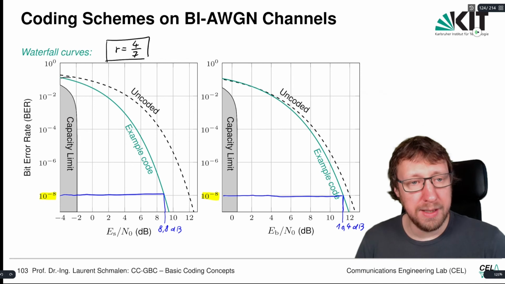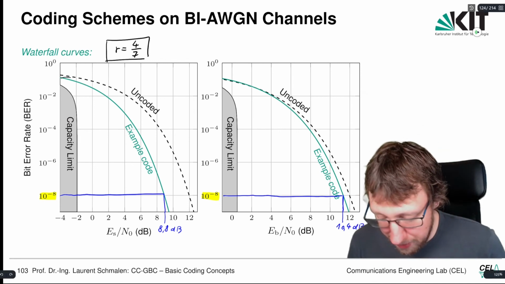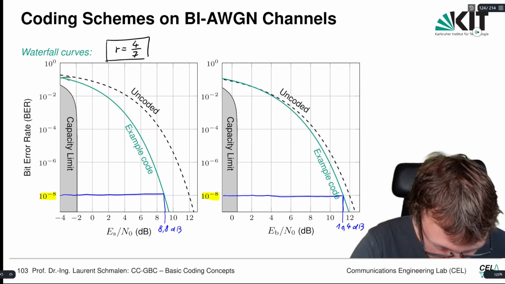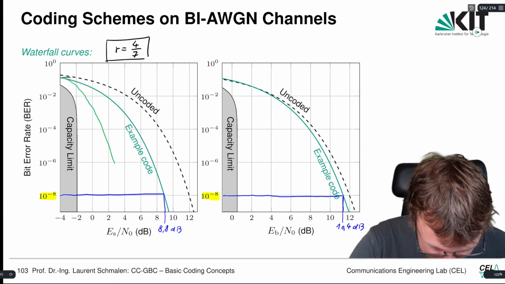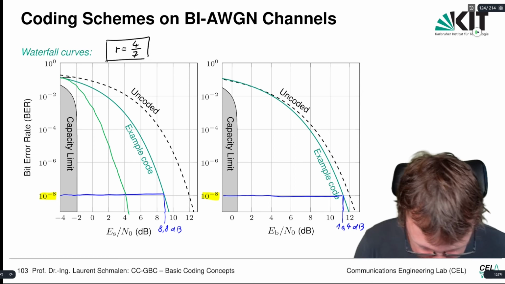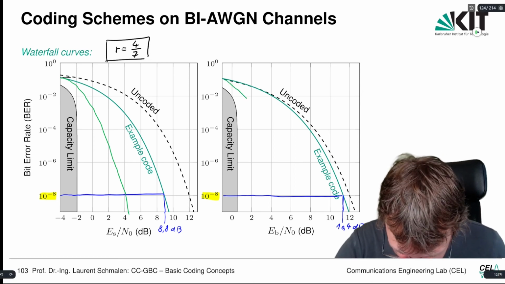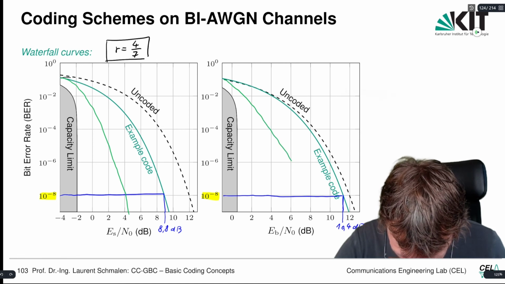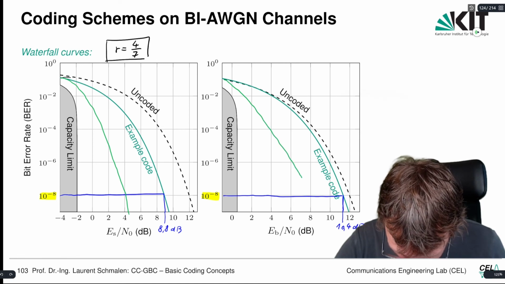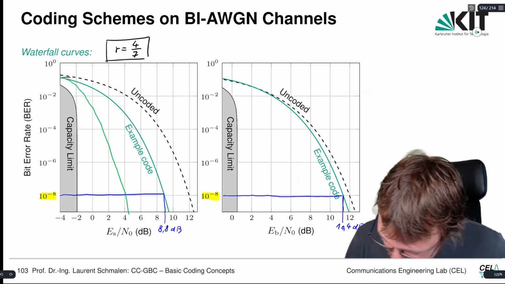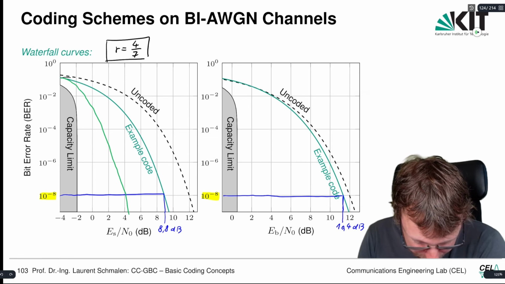So we can, for instance, think of a code that works better, and we're going to see better codes. So for instance, if we have a code that has a performance like this, and it has a performance in Es over N0 like, sorry, I need to kind of guess where we are.